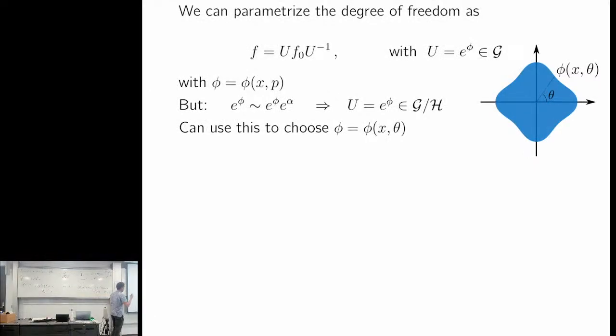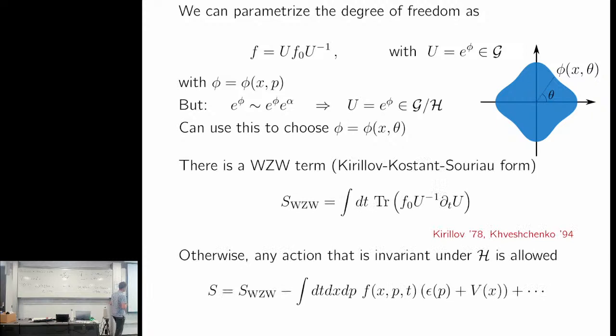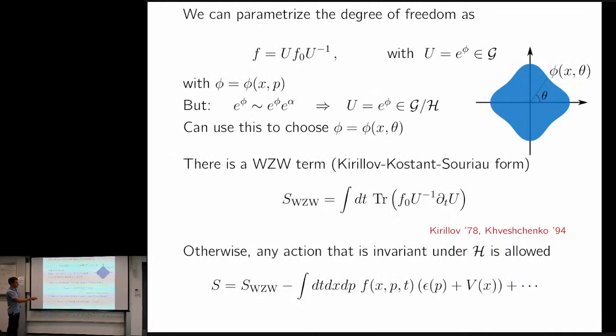We'll write down all terms that we can, and most terms will be easy to guess. There's just one term that's going to be very special, which is a Wess-Zumino-Witten term. It has this form, and what's special about it is that, written in this way, it makes reference to the seed state, or equivalently to the group element that rotates my arbitrary reference state into my real state.